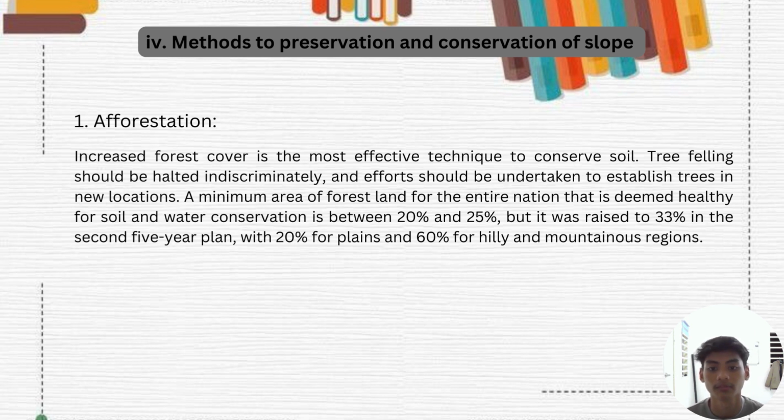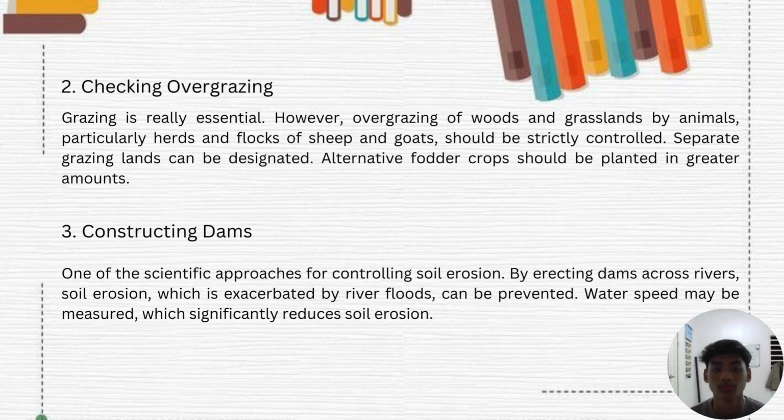A minimum area of forest land for the entire nation that is deemed healthy for soil and water conservation is between 20% and 25%, but it was less than 33% in the second 5-year plan, with 20% for plains and 60% for hilly and mountainous regions.